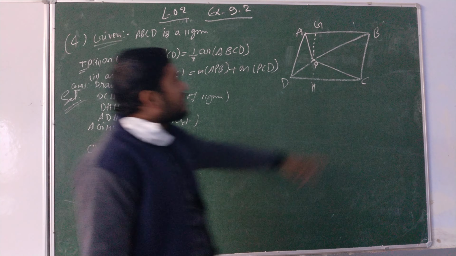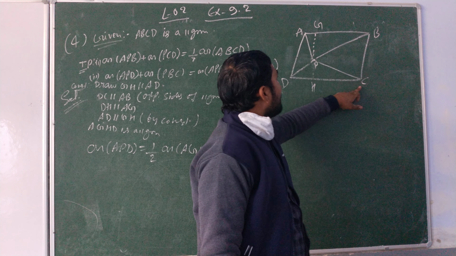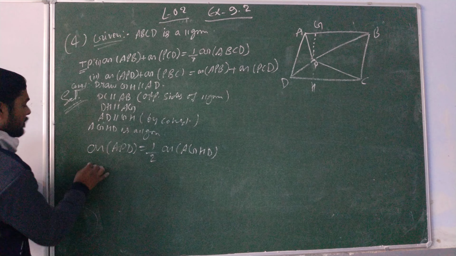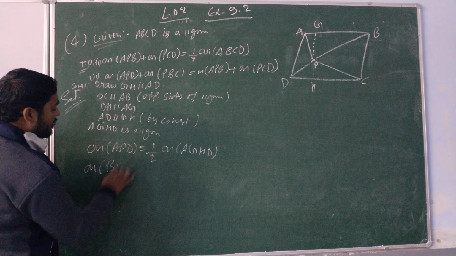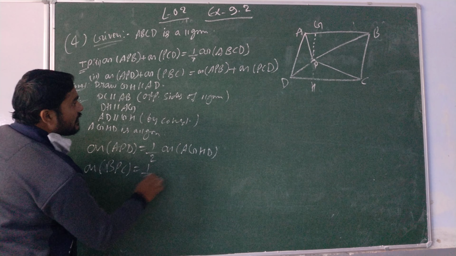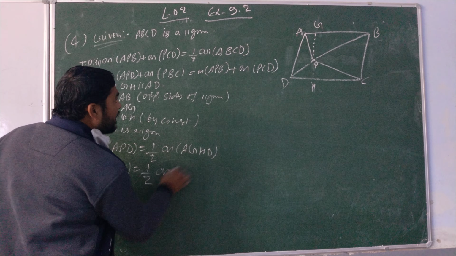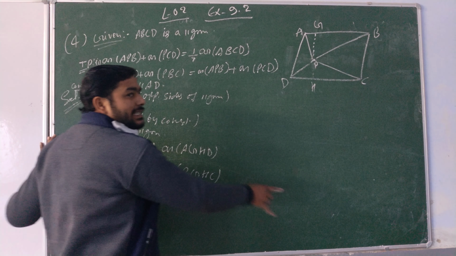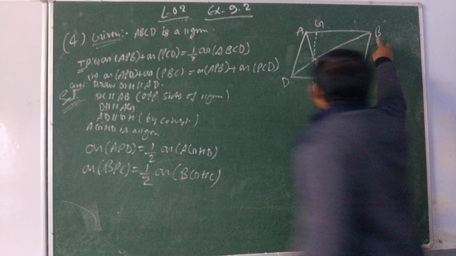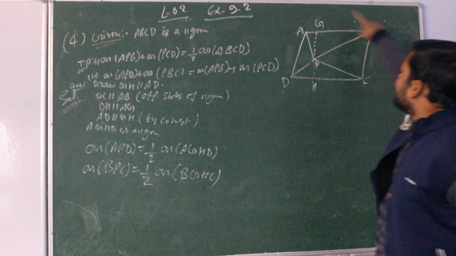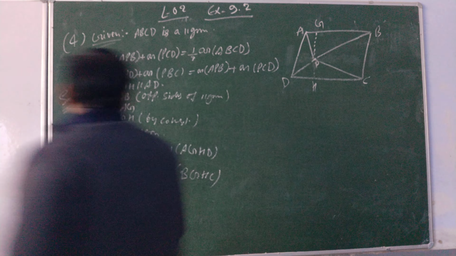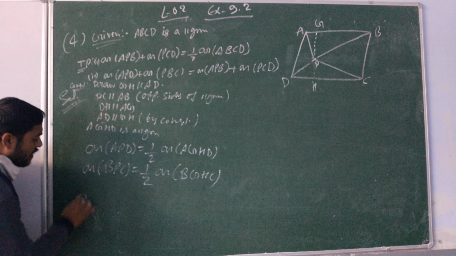Now in the second condition, triangle BPC and parallelogram BGHC are on the same base BC, so the area of BPC is equal to half of the area of BGHC. The reason is the same. Okay?